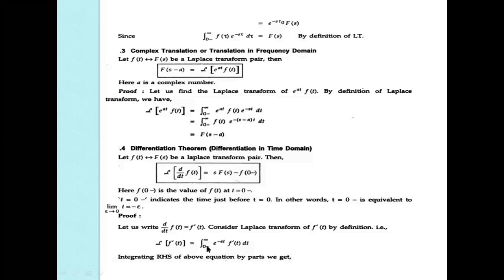See, the definition is the integral from 0 minus to infinity e power minus st f dash of t dt.